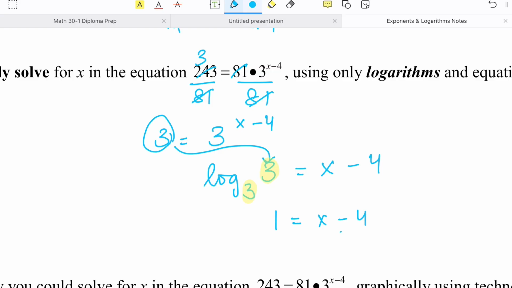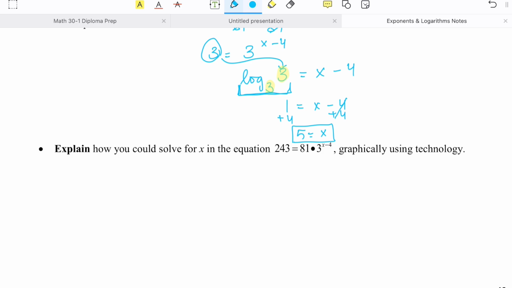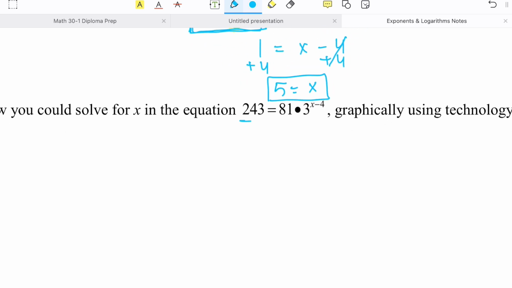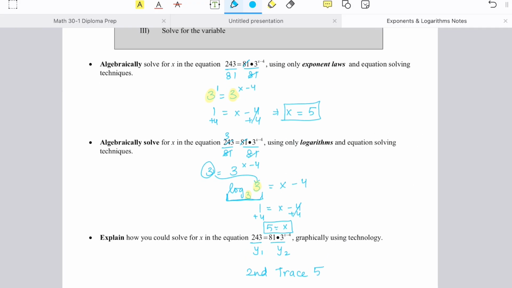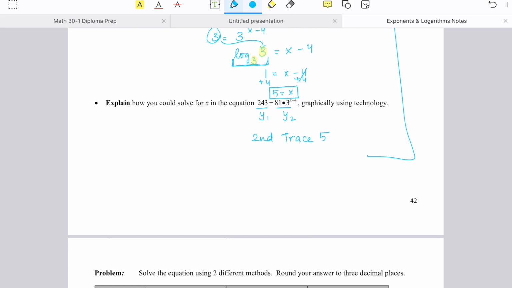Add 4 on both sides. 5 is equal to x. Now, if you don't remember this piece that we talked about in the video, you can also just put it in the calculator. How would you solve this using a graphing calculator? Well, y1, y2, second, trace, 5. And there are so many ways you can check one single question, right? So 3 ways of doing a single question. Okay.